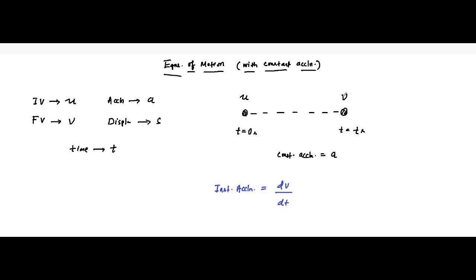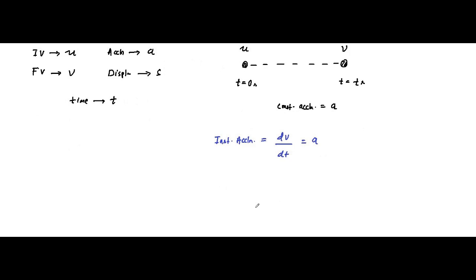Here don't confuse it with the final velocity v. Here it is dv by dt, simply velocity, small change in velocity, small change in time. That implies this is equal to a, acceleration. That implies dv is equal to a dt, it is correct, dv is equal to a dt.